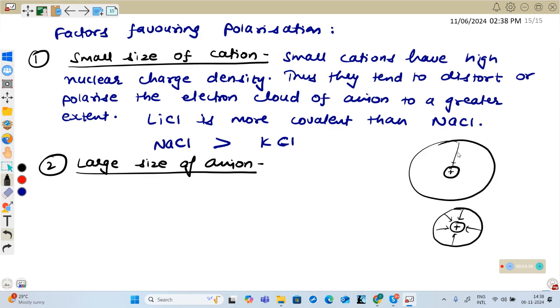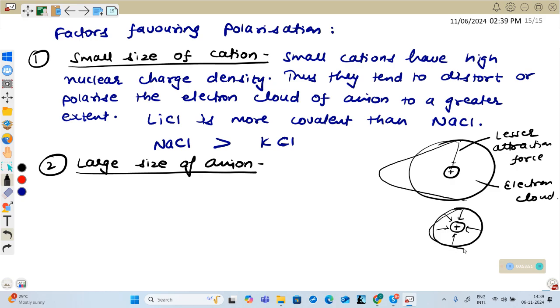So this will have lesser attraction force, right? This represents the electron cloud, so more chances of getting distorted. This has less chance of getting distorted.